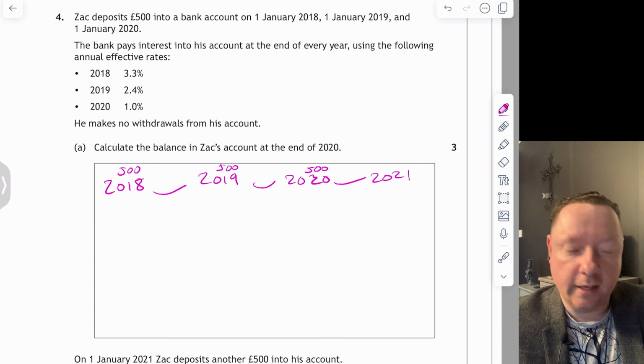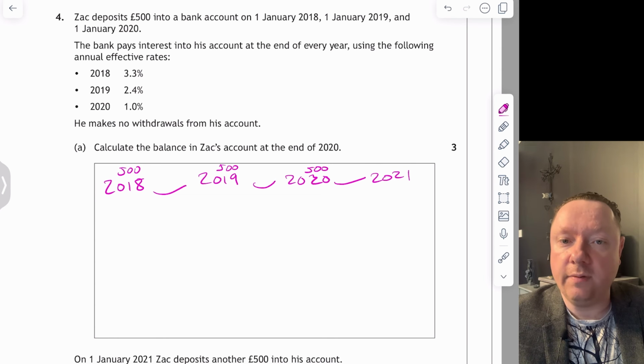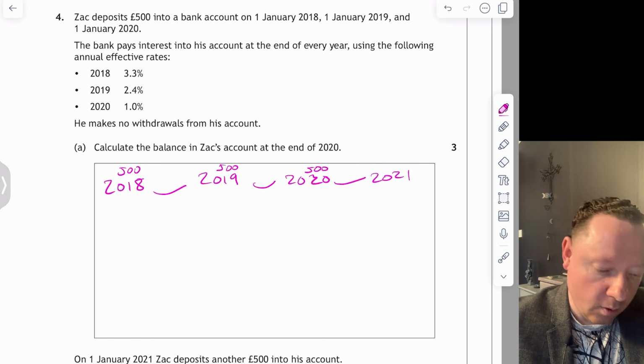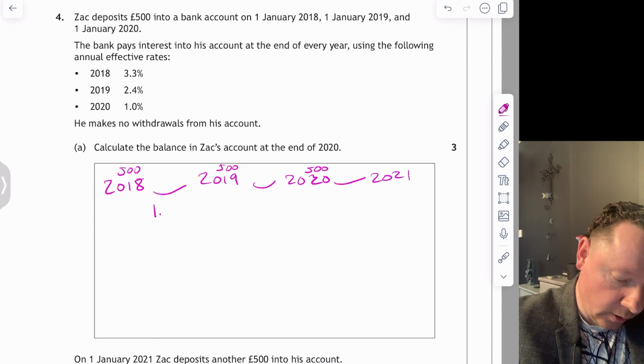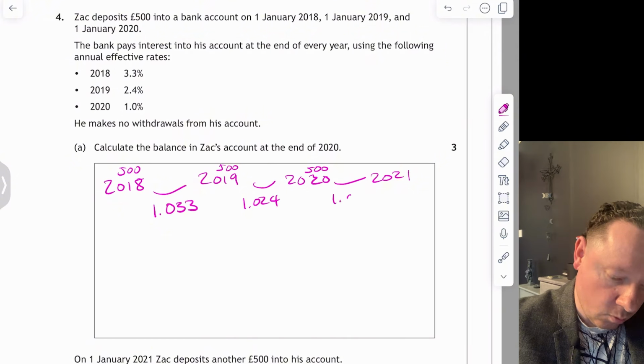So our interest rates, we do 100 plus the interest divided by 100 to make it into a decimal multiplier. So that would give me 1.033. Use a calculator if you want. 1.024 and 1.01. So we'll start off with 500 times 1.033 and then add 500.